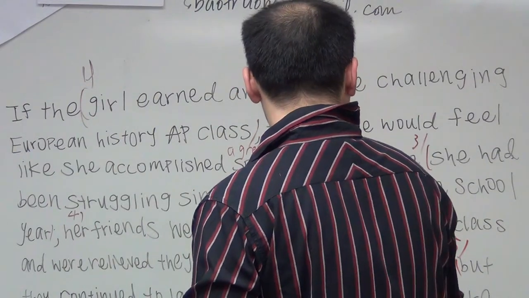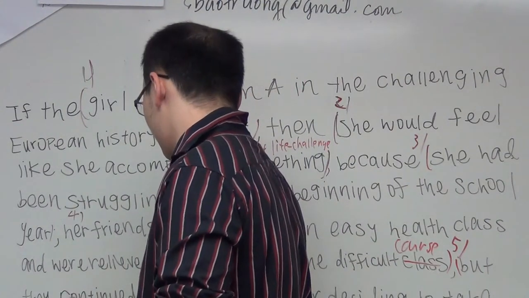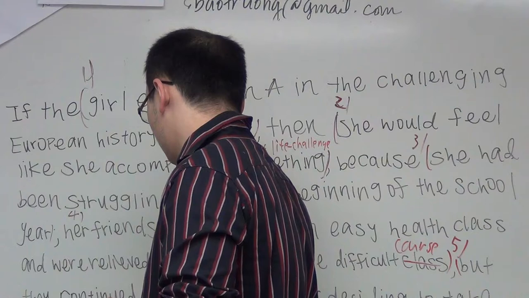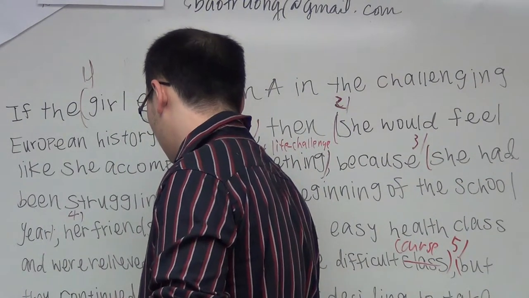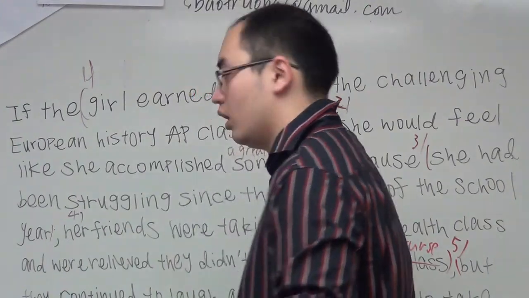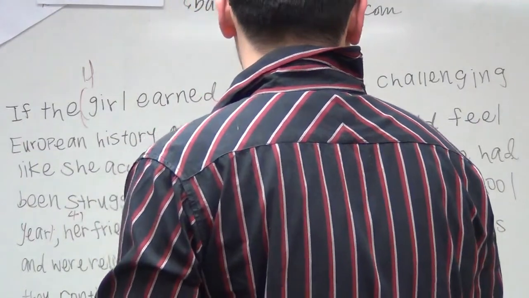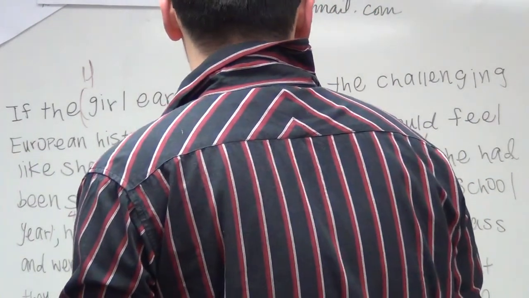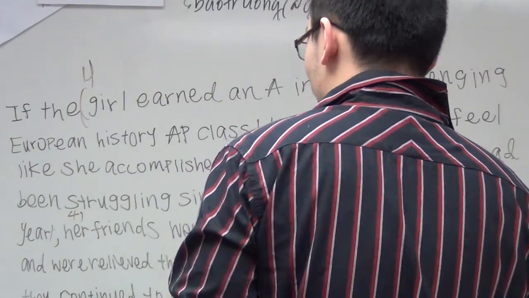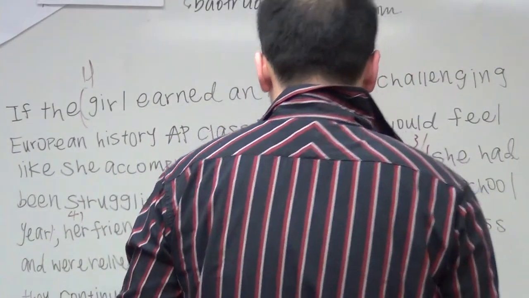They continue to laugh at her for taking the AP program. So just make it variety, vary the structure a little bit, and if you feel like it's still repetitive, you could say, continue to laugh at her.